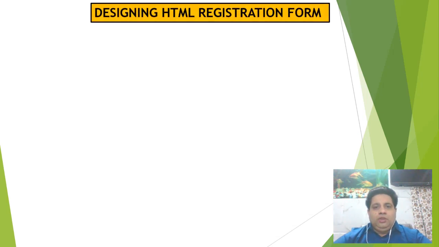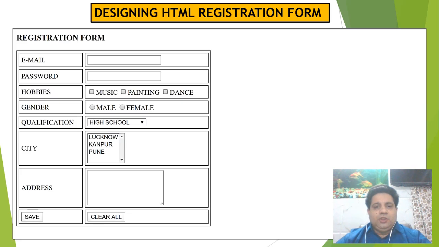Now at the last we will learn how to design an HTML registration form. Now we are going to design this registration form for the users. See, it contains a text box, it contains the email box, it contains a password box, it contains 3 check boxes. User can select multiple check boxes.